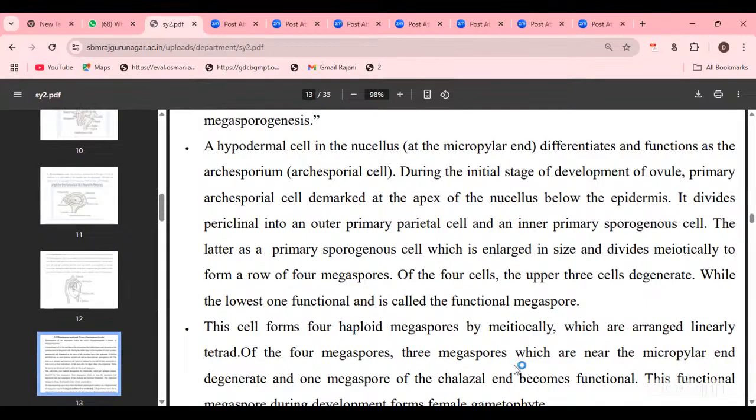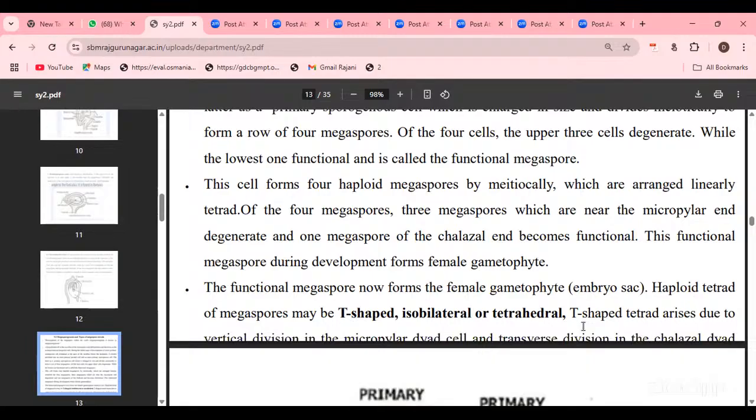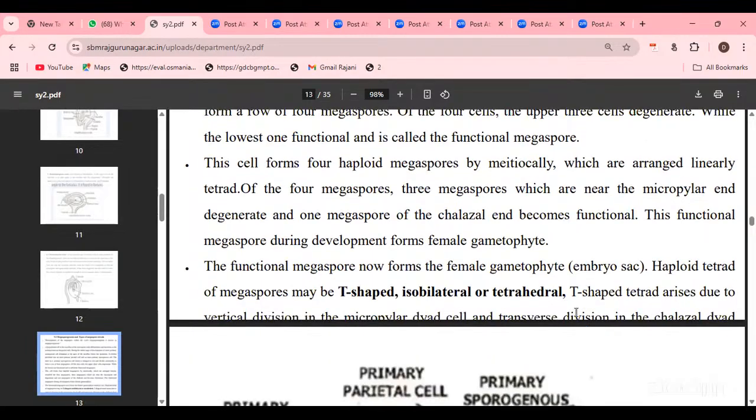Three megaspores near the micropyle degenerate, and one megaspore at the chalazal end becomes functional. This functional megaspore develops into the female gametophyte, called the embryo sac.